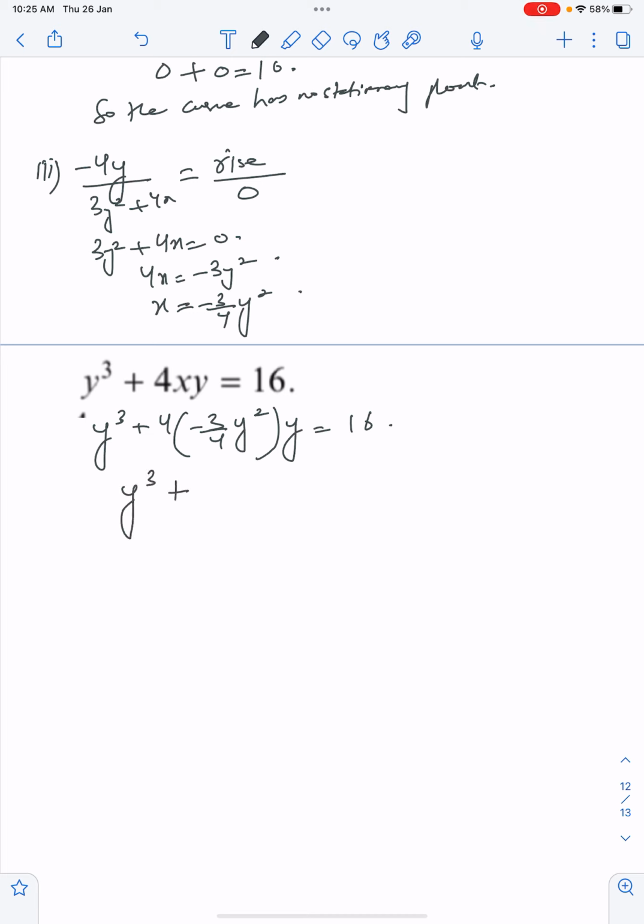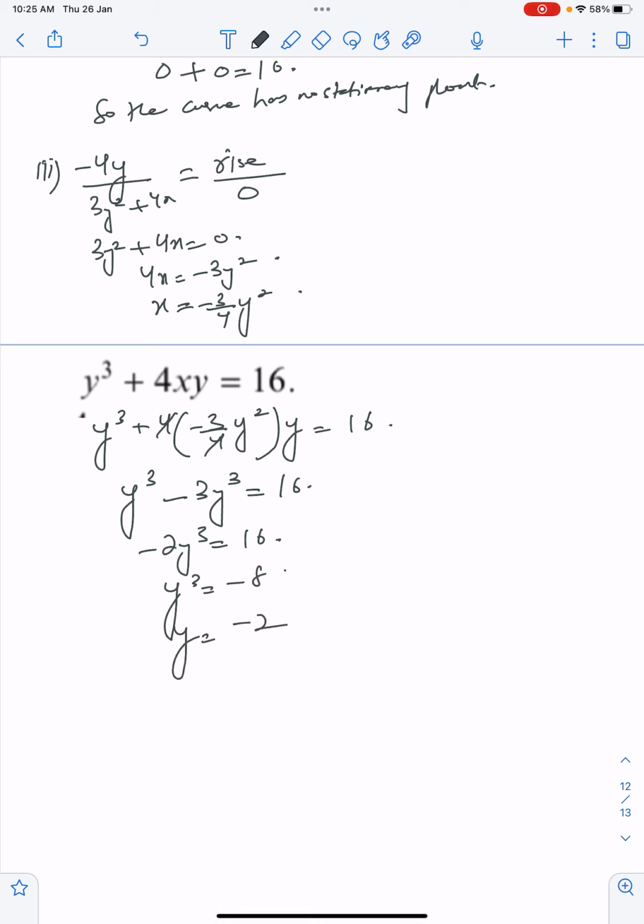Y cube plus y cube minus 3y cube equals 16. If I take out y cube as common, or I can just simply solve it, minus 2y cube equals 16, y cube equals negative 8 and y equals negative 2.